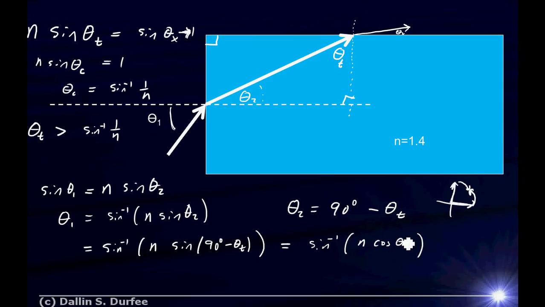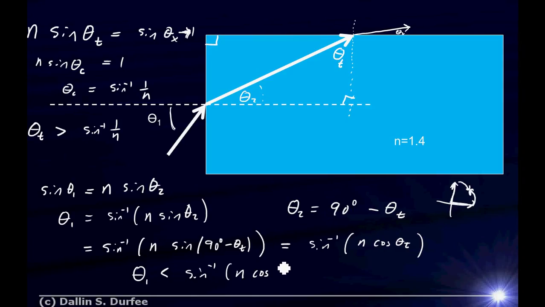If I start at 0 and go up, my cosine goes down. But if I start with a small number and go up, a sine goes up, which means the inverse sine of something going up also goes up. So if I want theta top to be bigger than something, that means that I want theta 1 to be smaller than inverse sine of n cosine.